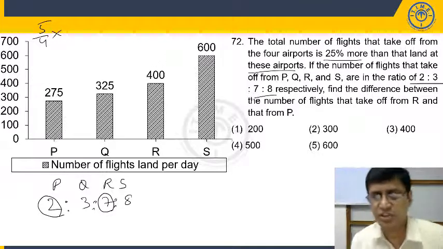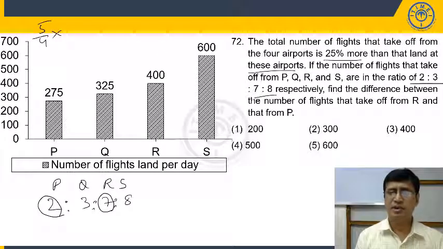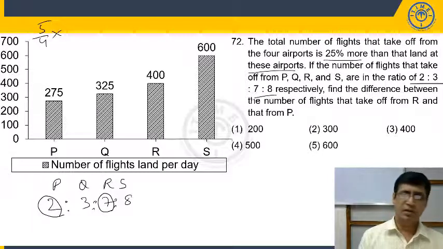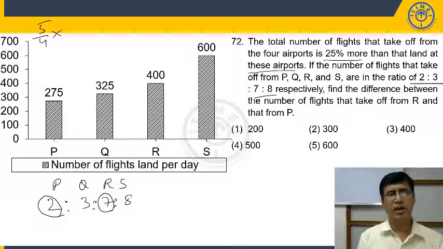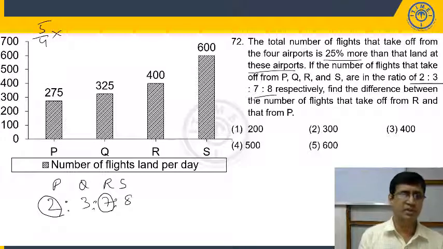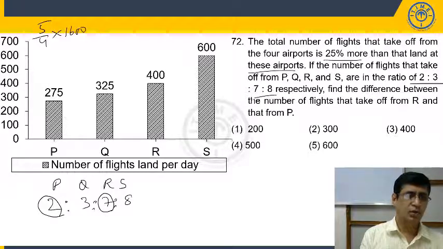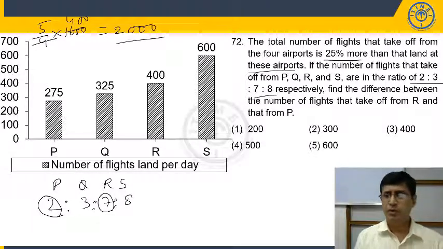So what is the discussion here? 25% more than that of the 4 airports. Now what is the sum of all these values? So 400 plus 600, 1000, 1000 plus 600, it is 1600. So how much is the result? The result is 2000. So what is the total number of flights that take off from these 4 airports? It is 2000.